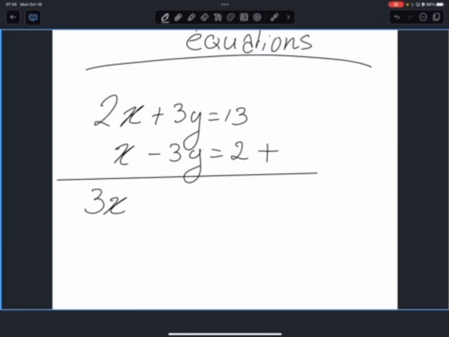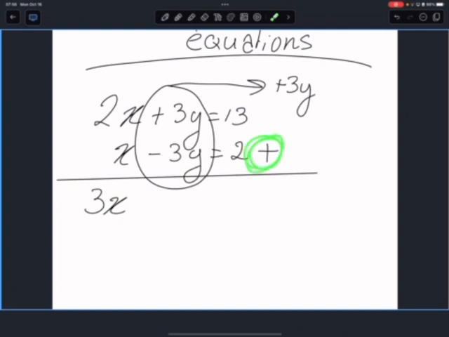Let me place it here on the side. Positive 3y. I have a positive here, so that goes there. Add negative 3y, which is over here.